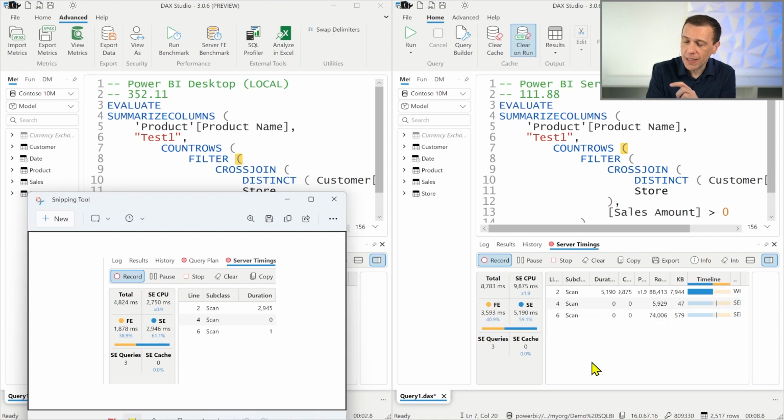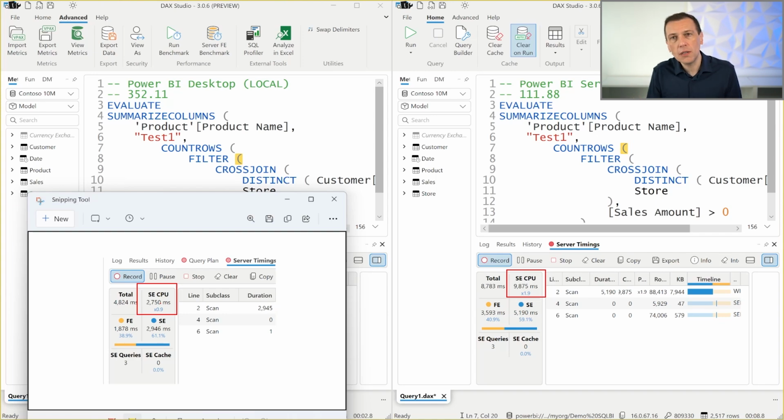For example, something that is not different is the ratio between the total storage engine CPU that we have in one case and in the other case. Of course, the parallelism is better on the service, but the total amount of time is actually almost 3 times, maybe more, than the storage engine CPU we had when we executed the query locally. So locally we had this, and on the service we had this other number, which is more than 3 times.